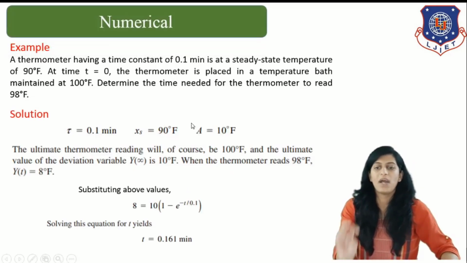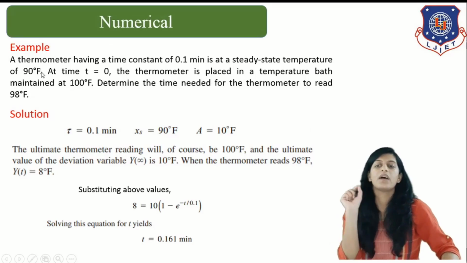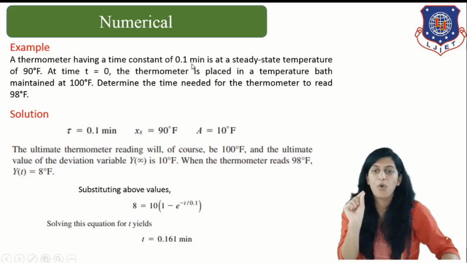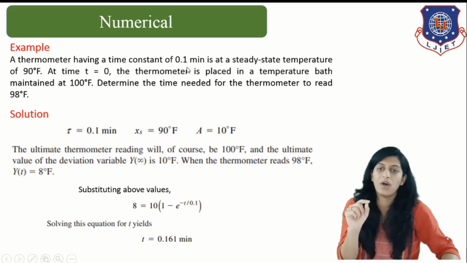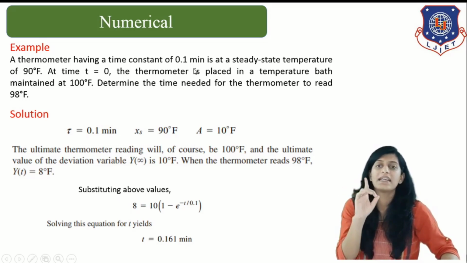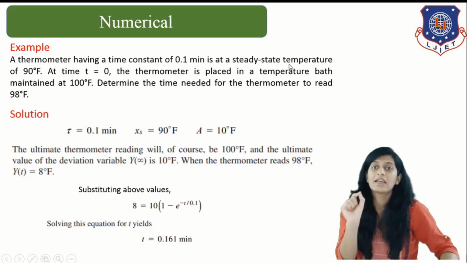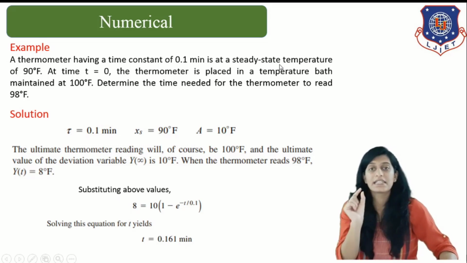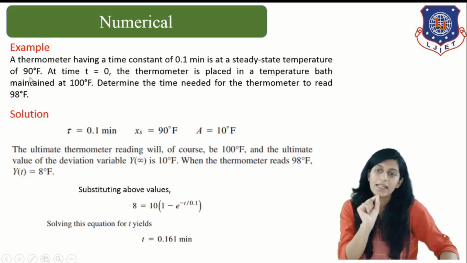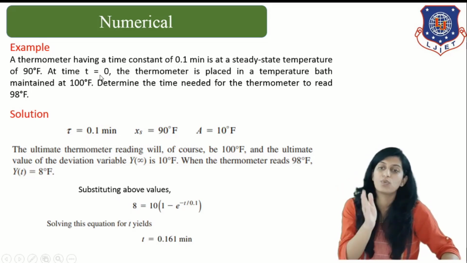Now, let's take one example based on that topic. As you can see here, the example is a thermometer having a time constant of 0.1 minute. So tau is given to us as 0.1 minute, and it is at a steady state temperature of 90 degree Fahrenheit at t equals 0, that is, when time is equal to 0.